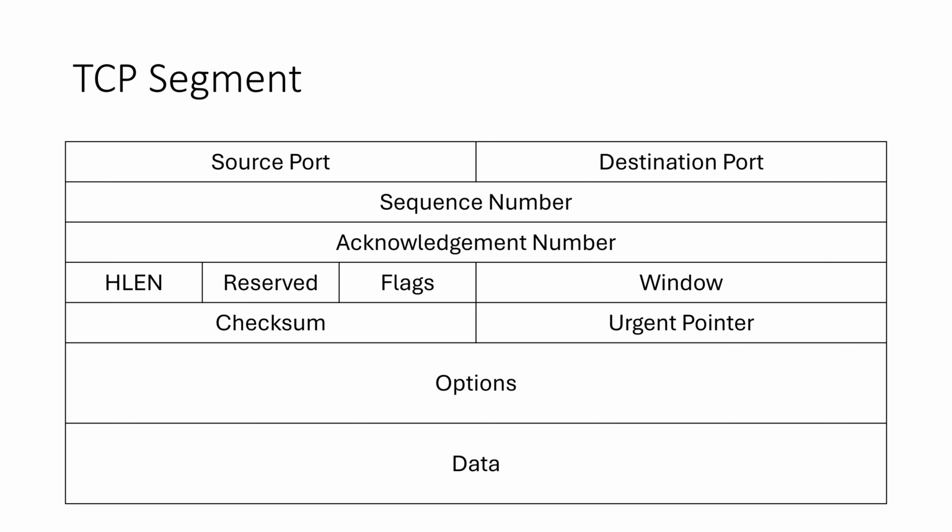And of course, we have a checksum for error checking, ensuring that the header and data haven't been corrupted in transit. This overhead is what makes TCP reliable, but it also adds more processing and network load compared to simpler protocols like UDP.